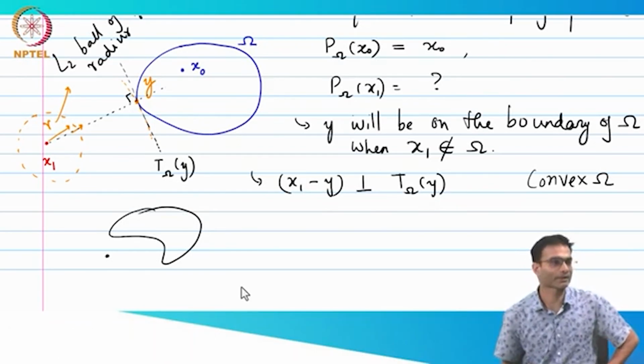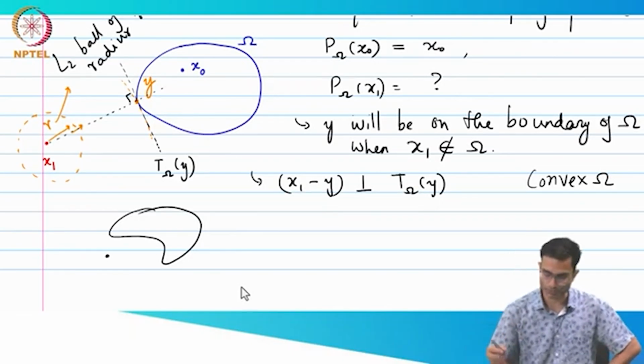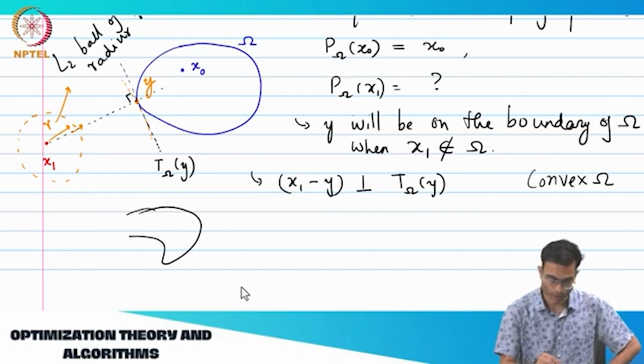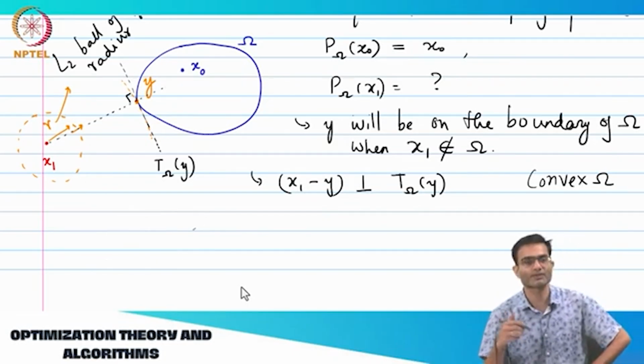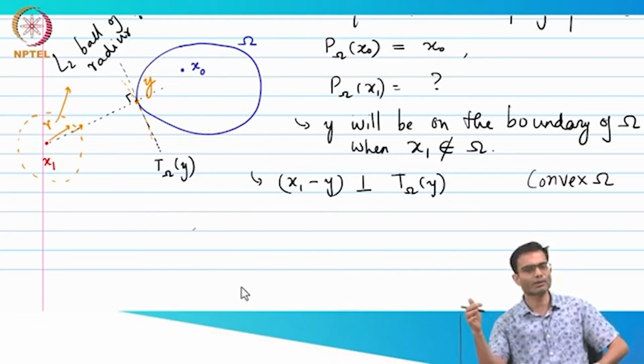Now, strange things can happen, I may have more than one projection point, for example. Various things can happen. So this discussion is limited to the case of convex sets. And the good news is that many times the feasible set is a convex set. So for many engineering problems, using convex sets is good enough.